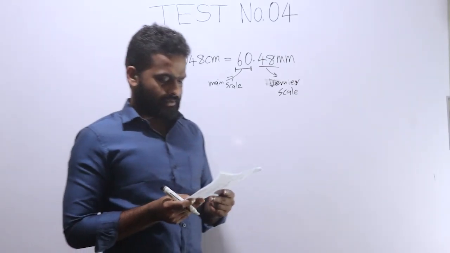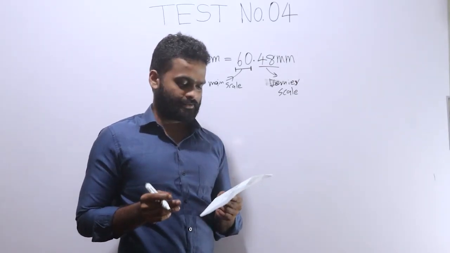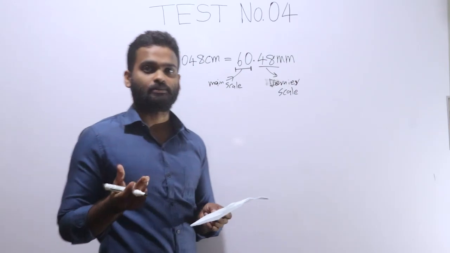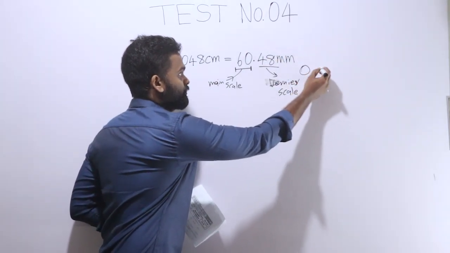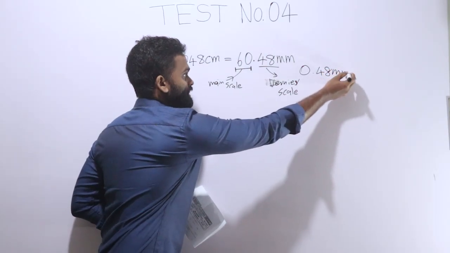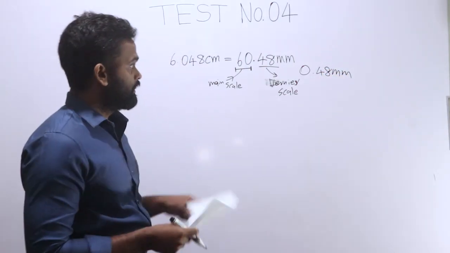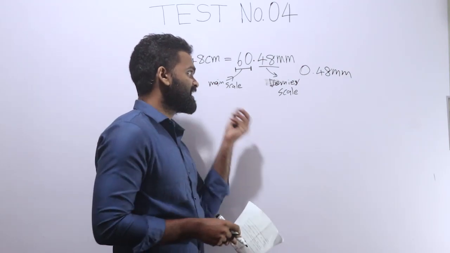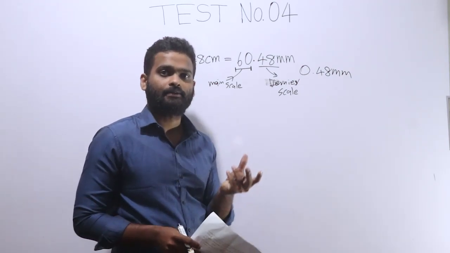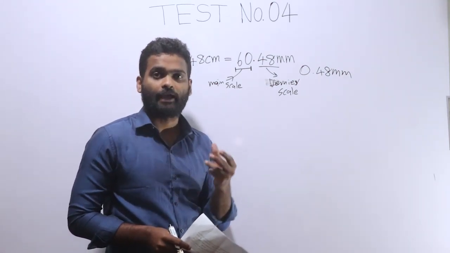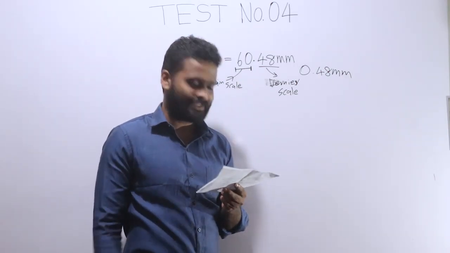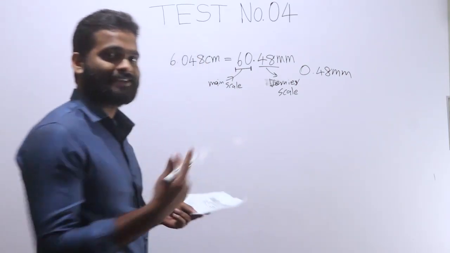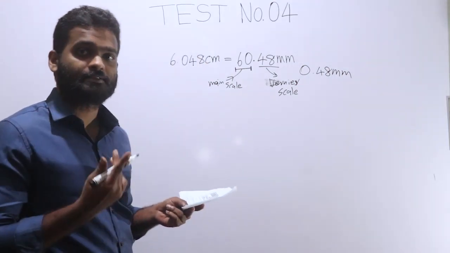So here they are asking the number of vernier parts that coincide with this measurement, meaning that relates to the length 0.48 millimeters. Before this, we have to calculate the least count of this measuring instrument, as I have explained in a previous test.